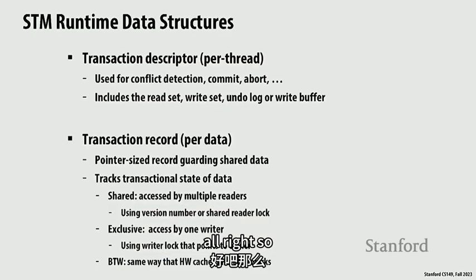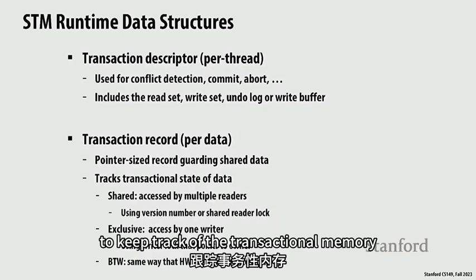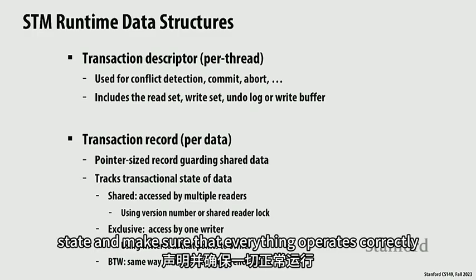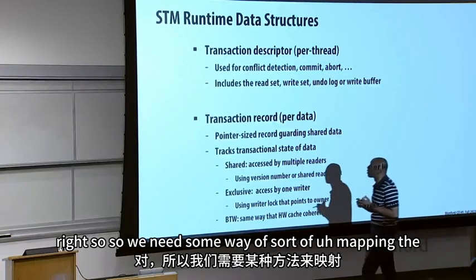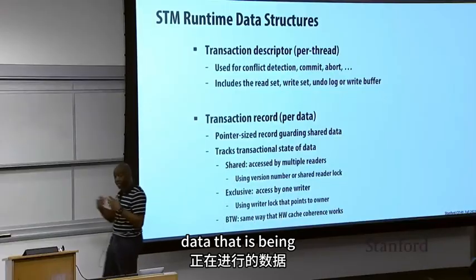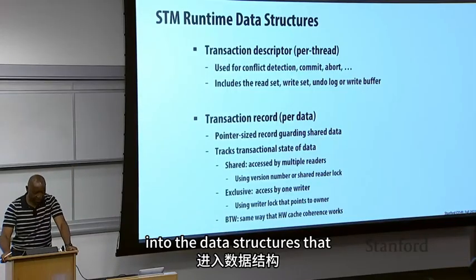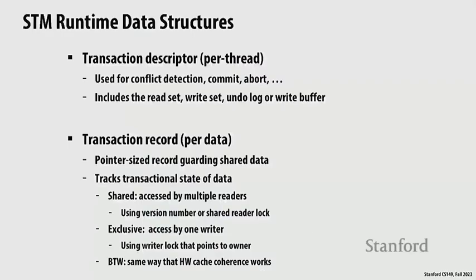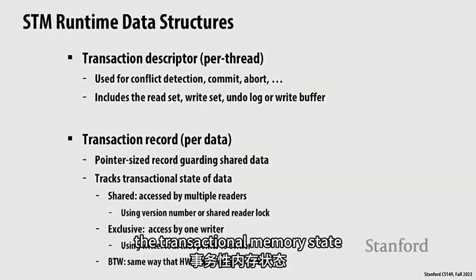All right, so now the question is what data structures do you need to keep track of the transactional memory state and make sure that everything operates correctly? So you need some way of mapping the data being manipulated by the application into the data structures used to track the transactional memory state.